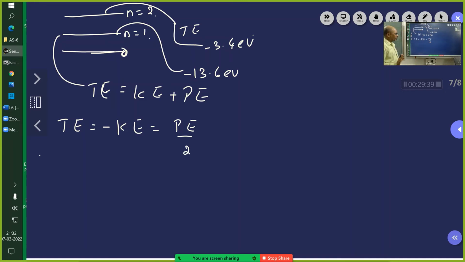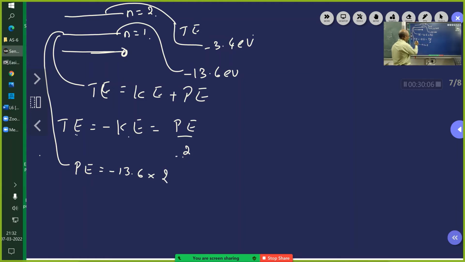I hope all of you remember this. Great. So now, what is the potential energy at this point? It is not yet made 0. Now it is minus 13.6. Minus potential energy will be what? Minus 13.6 into 2.